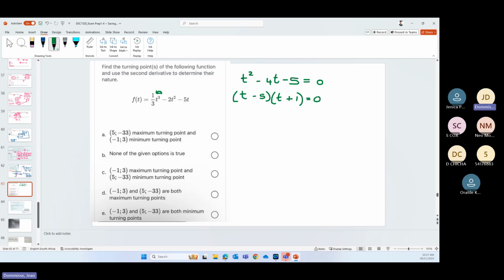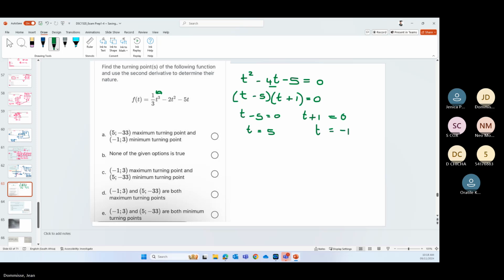Let's make 100% sure: minus 5t plus 1t gives minus 4t, and minus 5 times 1 is minus 5. So t minus 5 is equal to 0, or t plus 1 is equal to 0. So t is equal to 5, or t is equal to minus 1.